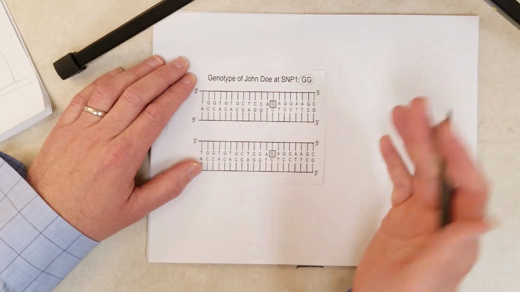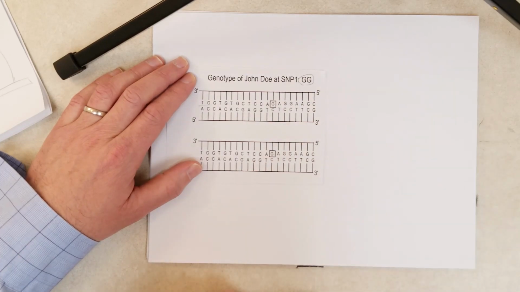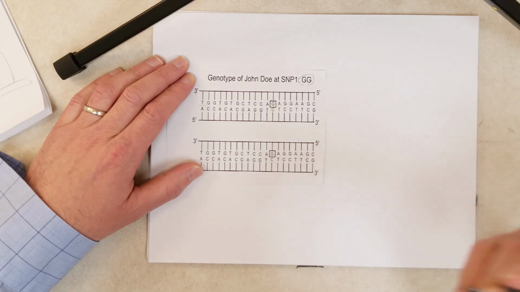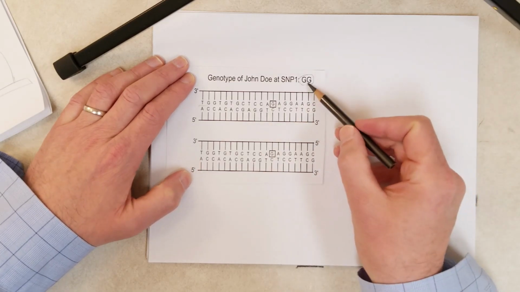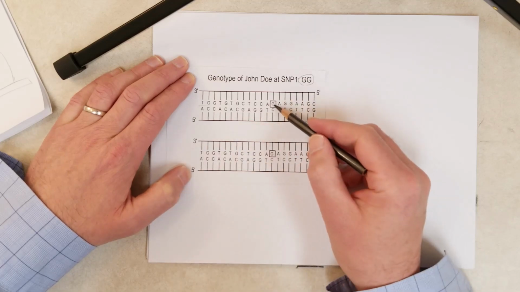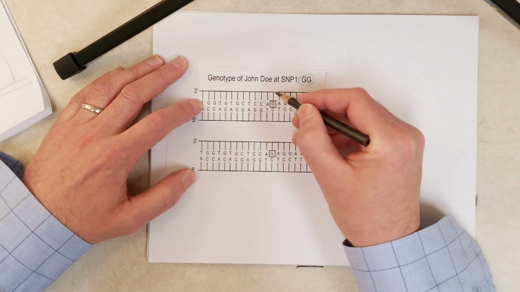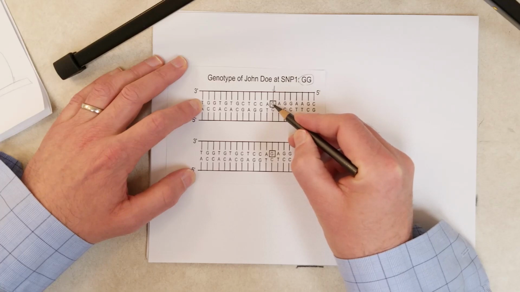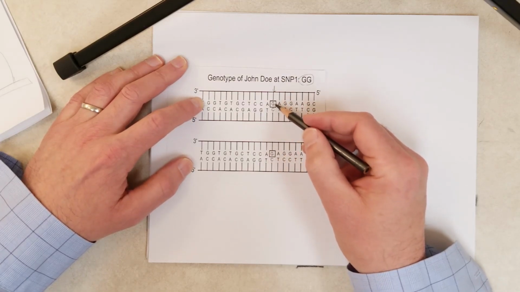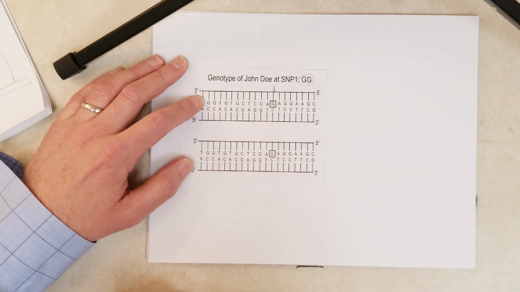Now, we wouldn't need to genotype John's SNPs if we already knew what they are, but just in order for me to explain how the process works, let's assume this is John's genotype. So this is the SNP right here, G, and John is diploid, so he has 2 alleles for this SNP, one here and one here. So he's homozygous for this allele, for this SNP.